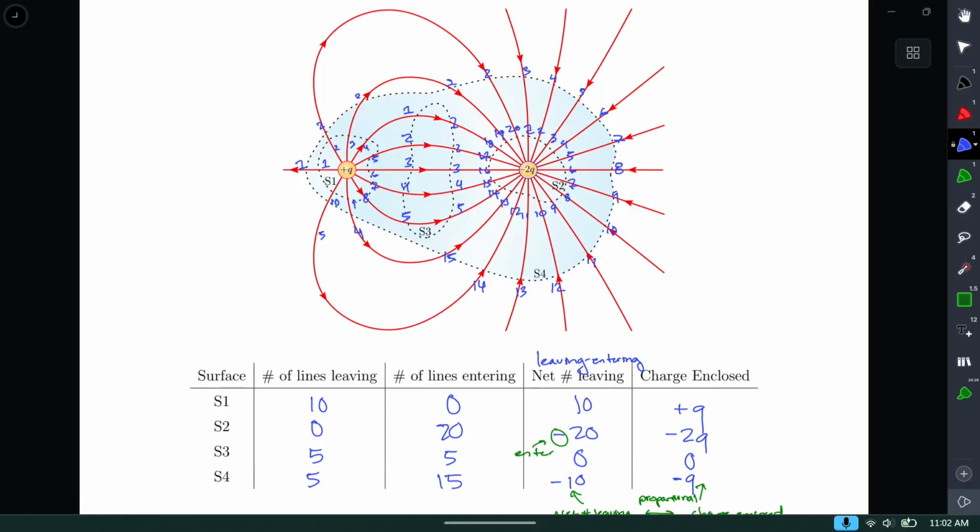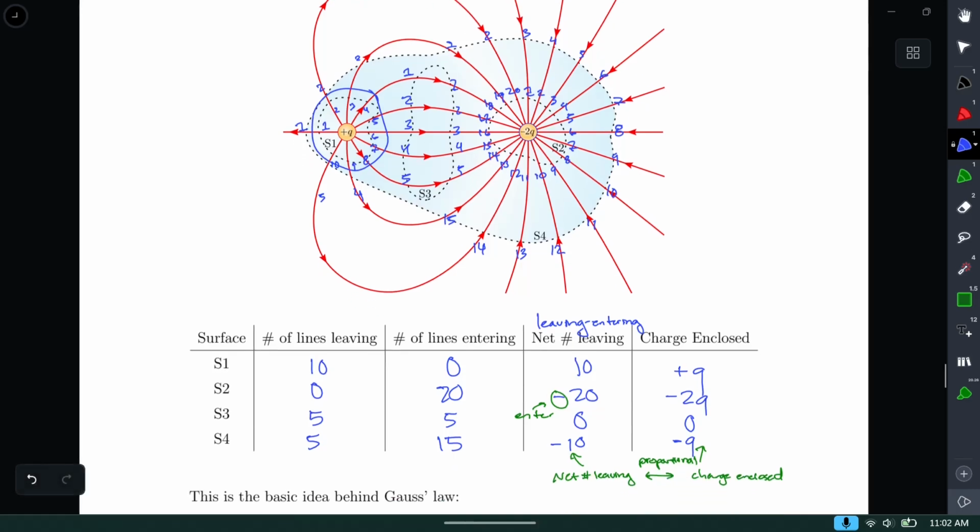So what I was doing up here was mostly just noticing a pattern. The pattern was that if I count up how many lines poke out of the bag and how many poke into the bag, and add those up to find the net number poking out, that's directly related to how much charge is inside the bag I'm picking to look at. When I looked at bag 1, or surface 1, I found that 10 lines left it, and positive Q charge was inside it.